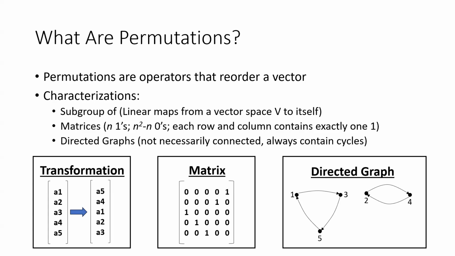One is as a subgroup of linear maps from a vector space to itself. So if you think of endomorphisms from V to V, but they're always bijective, right? So each element goes to exactly one other element, which could be the original element itself, but there are no doubly counted elements. One way of representing these is as a matrix.